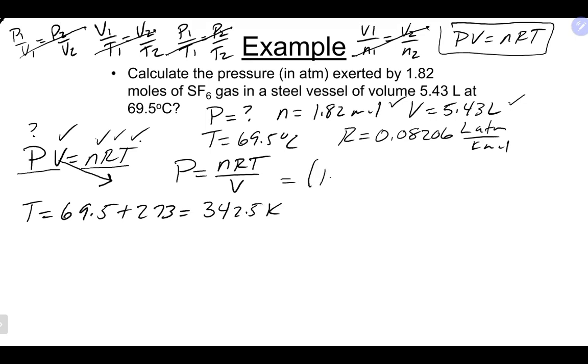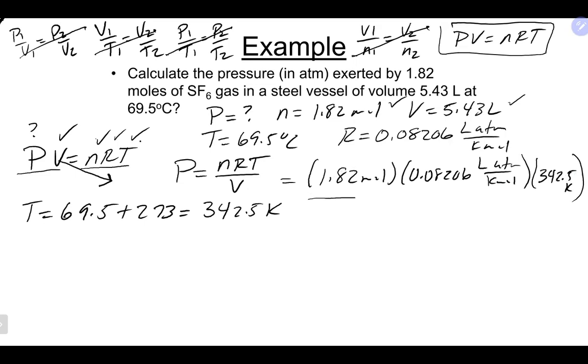Our moles was 1.82. We'll put our R in there, and our temperature, 342.5 Kelvin. That's all going to be divided by our volume, which was 5.43 liters.